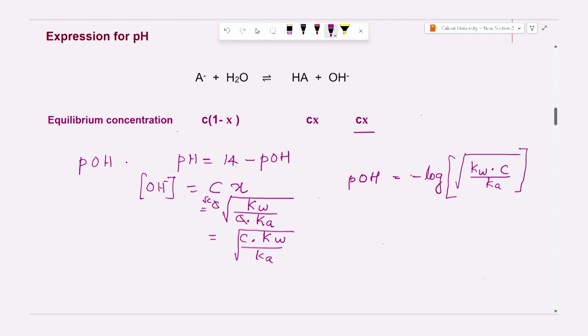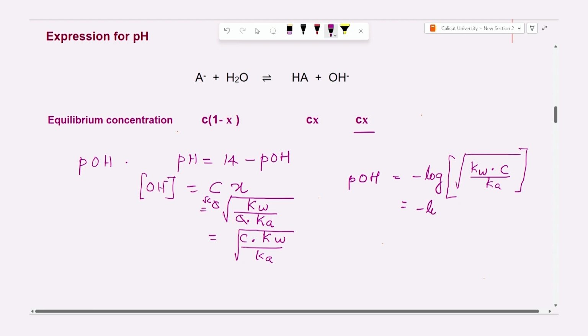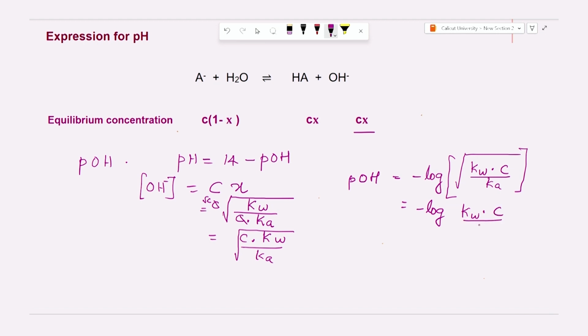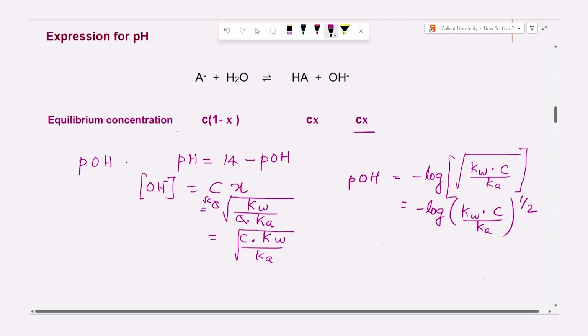Okay. Now, I am going to expand it. This is a root, and that can be written as minus of log Kw into C by Ka whole raised to half, that stands for the square root. Now, this is a power for log.